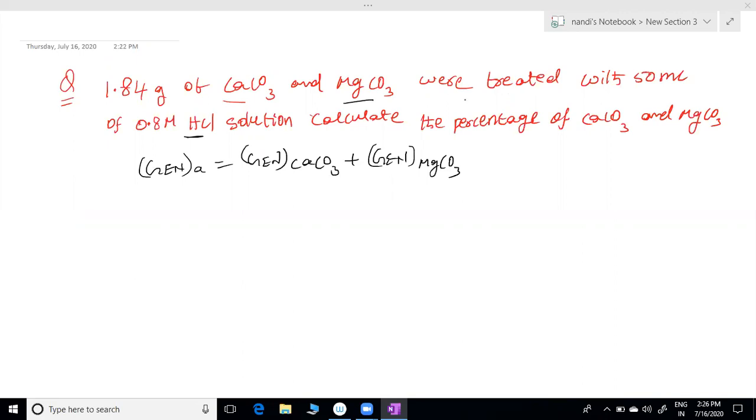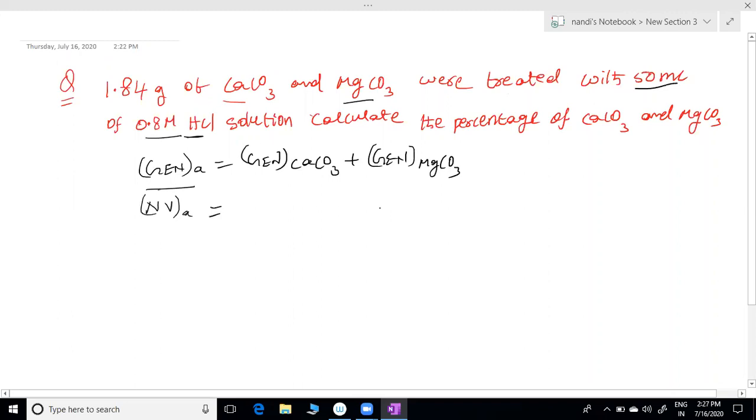So this is in terms of normality into volume. But here in terms of weight, sir, weight by equivalent weight, because they gave weight here. That's the Gn formula: weight by equivalent weight of CaCO3 plus weight by equivalent weight of MgCO3.